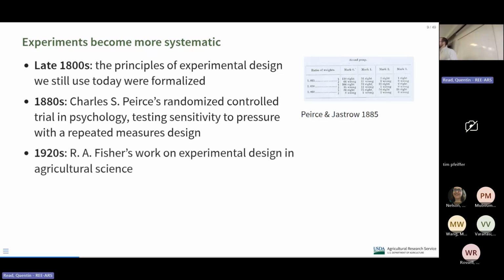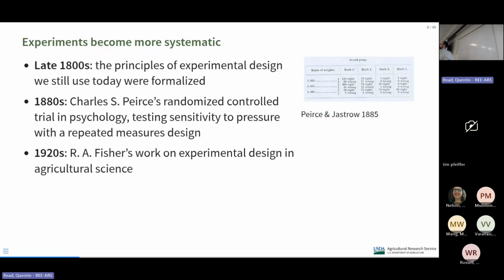And obviously, as ag scientists, most of you must be aware of R.A. Fisher's pioneering work. I wouldn't quite say he invented, but he put all together in one place the principles of frequentist statistics that are still used today.